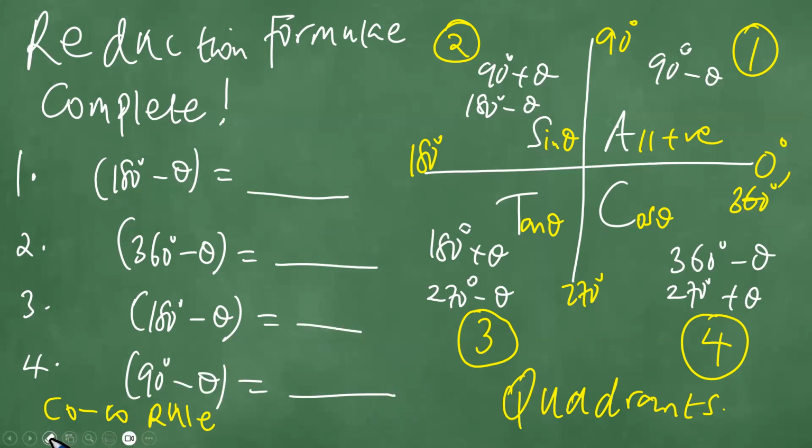Now if I give you cosine here, and I put tan here, and you put cosine here. Okay, yeah, this one, the first one.